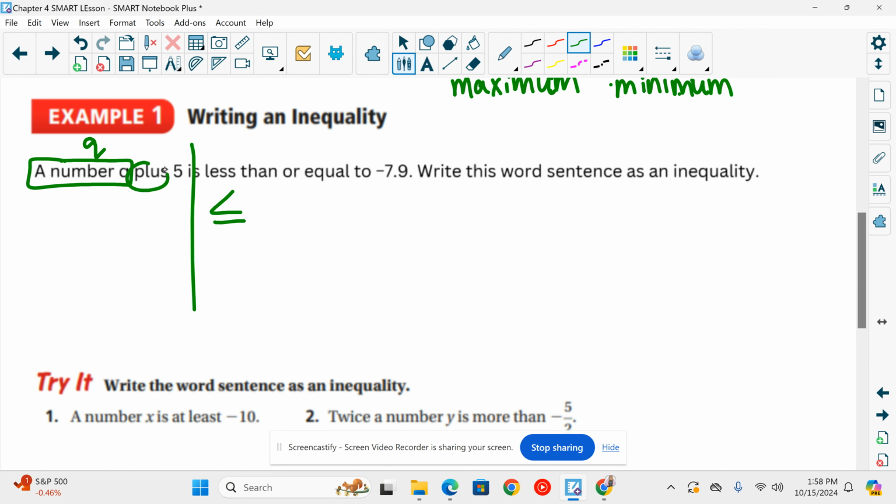That plus means to add 5. So when I rewrite this, I have q plus 5 is less than or equal to -7.9. So you're basically just rewriting it using numbers and symbols instead of words, is all it's wanting you to do. So you have to know those keyword phrases in order to be able to identify the correct symbol.